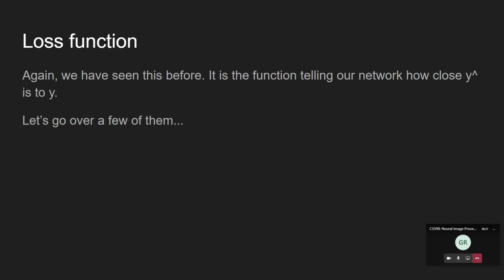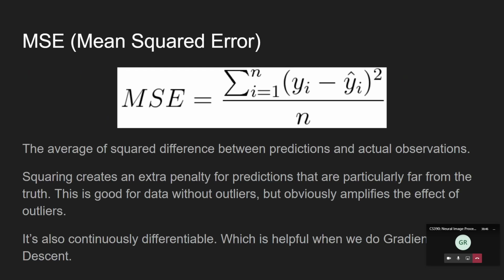Loss functions. So we've talked a little bit about them and what they do, and we've gone into deriving MSE and such. But let's go over a few other options we have. So we have MSE. We talked about that. That is going to be the average of the squared difference between the predictions and the actual observations.